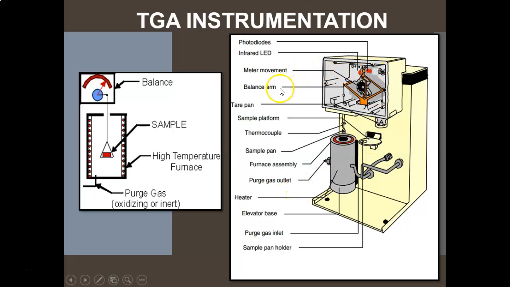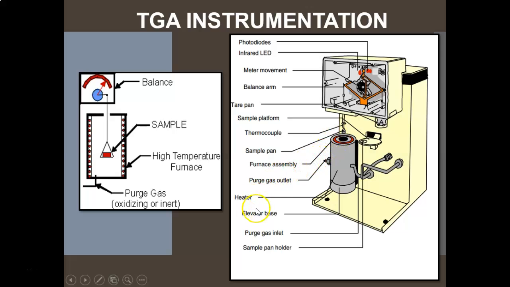Now, the most important part is the sample pan. It is left hanging here, and this is a thermocouple. You need to place the sample inside the sample pan without shaking. The sample pan cannot be shaken because it will affect the measurement and the reading of the result.